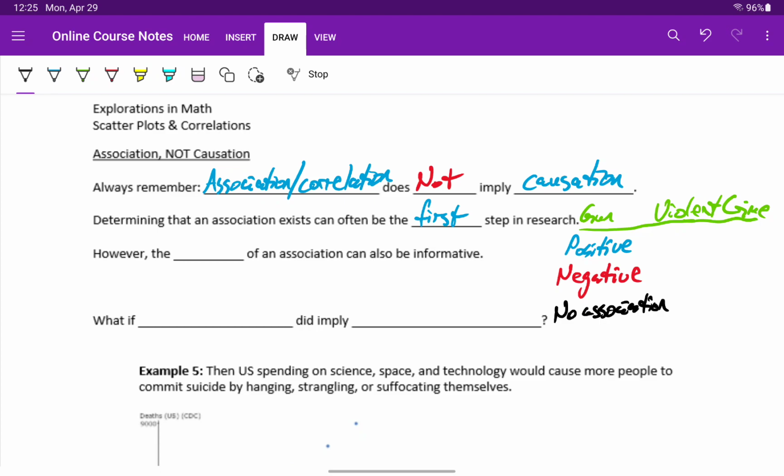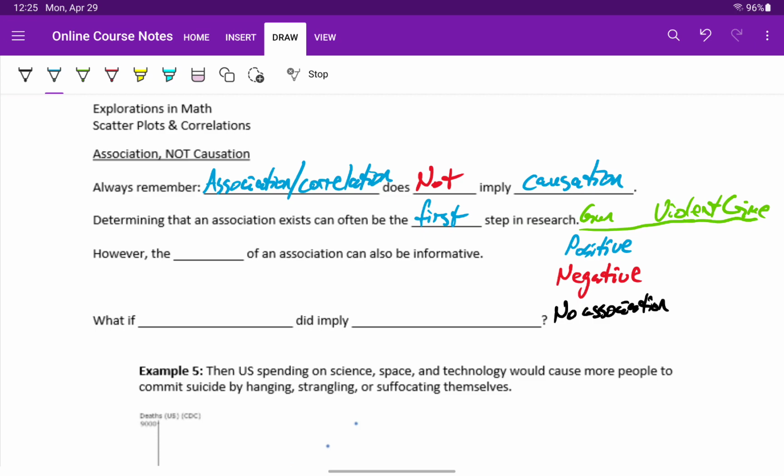If we looked at real-world data on those two variables, whichever of those three outcomes we get would then help us determine if that is something that's worth investigating further to see if there is a cause and effect relationship or what else is causing those variables to change with that same pattern.